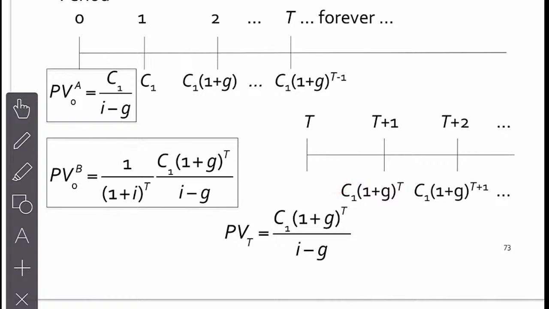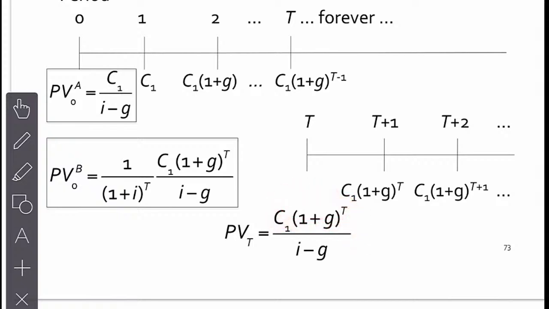Now this is a formula. Let's look at this formula carefully. This is the perpetuity formula with growth, with the first cash flow one period from T. So that's this one. So that's the first cash flow. That's why I have to write it this way, okay?